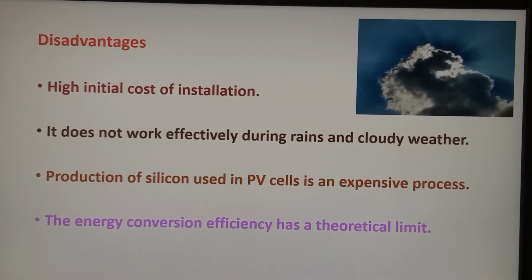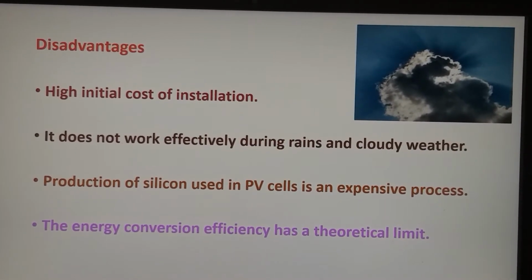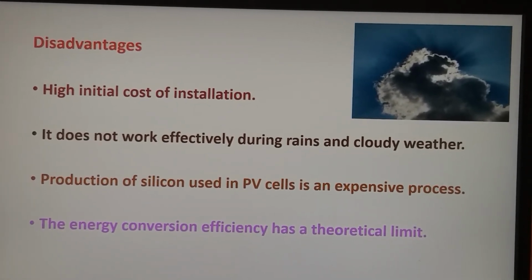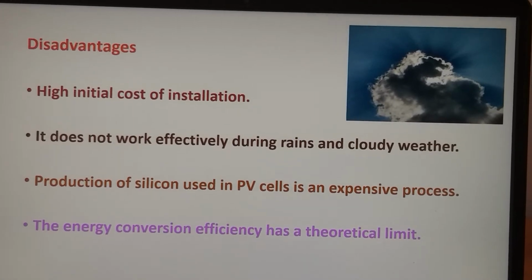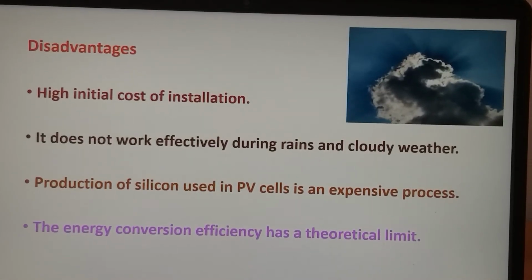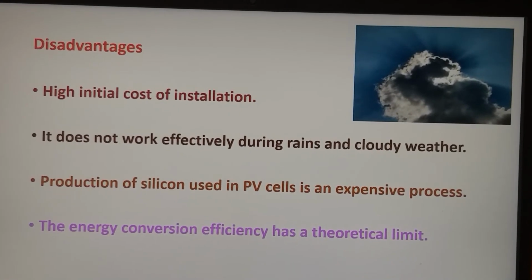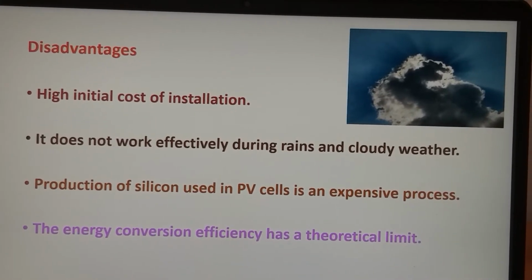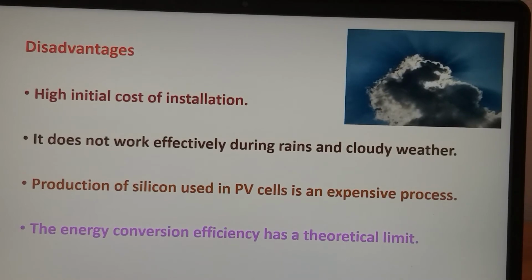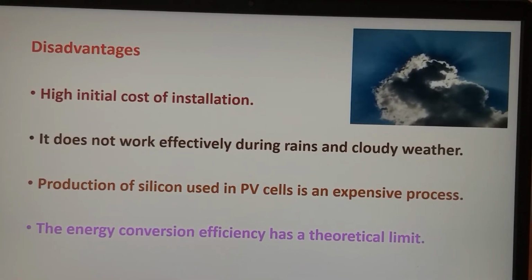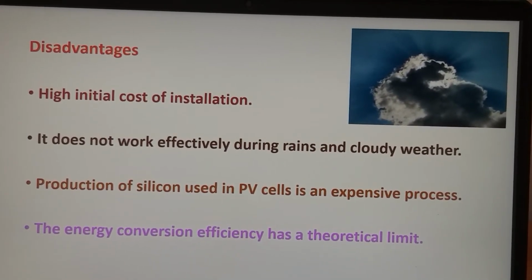But there are certain disadvantages also. The initial cost of installation is very high. During the rains and monsoon, it does not work effectively. As you can see here in the figure, the sun is behind the clouds. So we don't get ample sunlight to produce electricity.